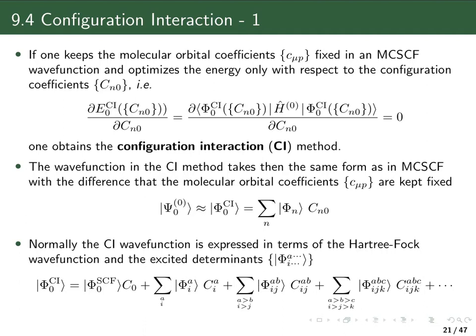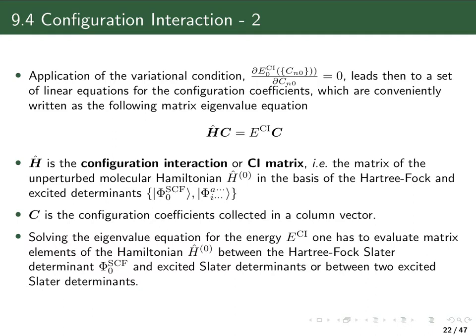The wave function here is just a linear combination, which means if we do the variational calculus, it's really a proper linear variational calculation, and we end up with a set of linear equations, which we can conveniently write as this matrix equation here, and rewrite as this matrix eigenvalue problem, where E_CI is our configuration interaction energy, C is a column vector of the expansion coefficients in our wave function, and H is the Hamiltonian matrix, the configuration interaction or CI matrix.